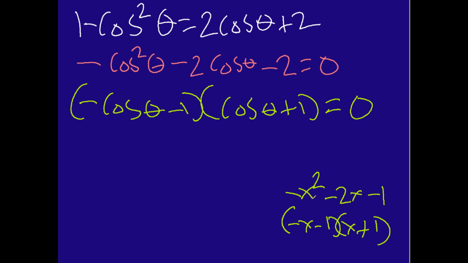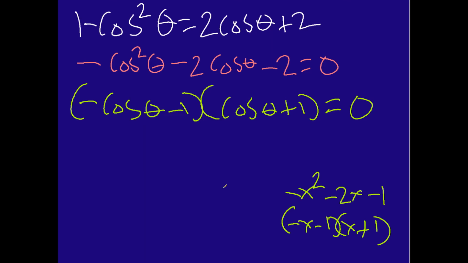This is just what I did down here. I'm just substituting back in cosine theta for the x's that I used down here. Because for most of us, because we first learn factoring with x's most of the time, it's easier to do this with substitution. But it all depends on how your mind works.